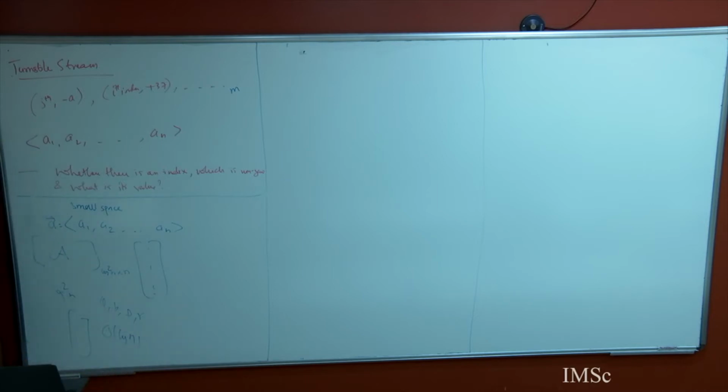So in order log square n bits, I can return these things to you. This is where L0 sampling comes in.